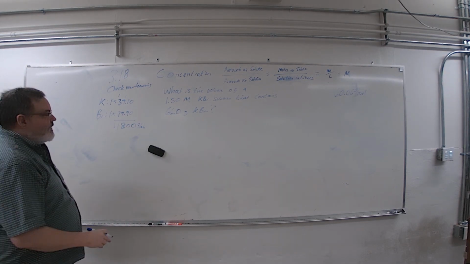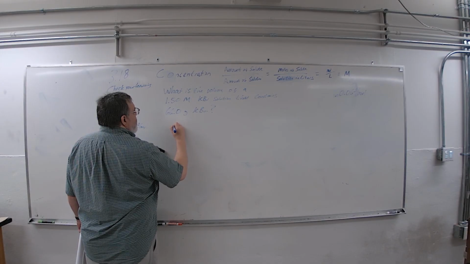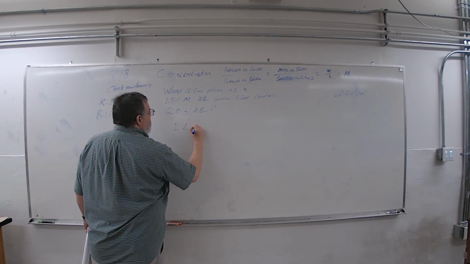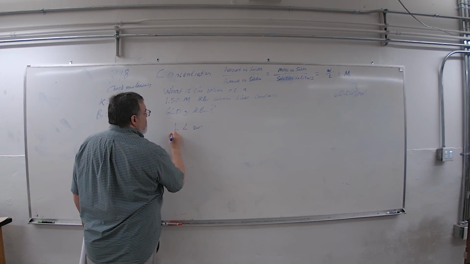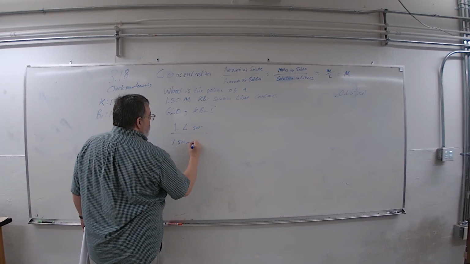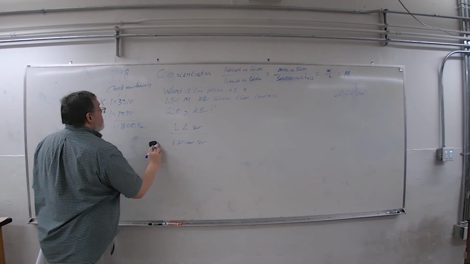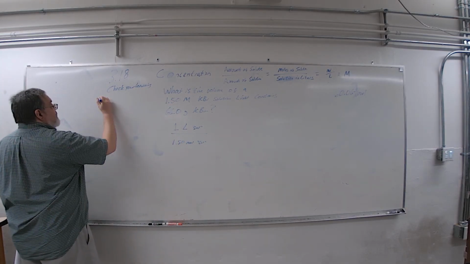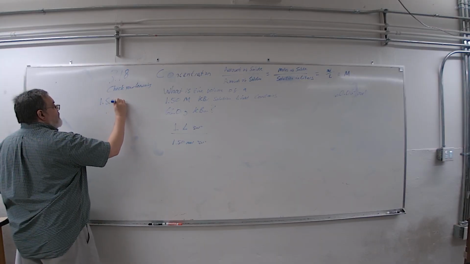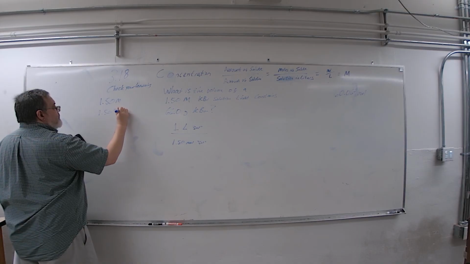We want to end on volume, so I'm going to write 1 liter of solution is 1.50. That's this. That's 1.50 moles per liter.